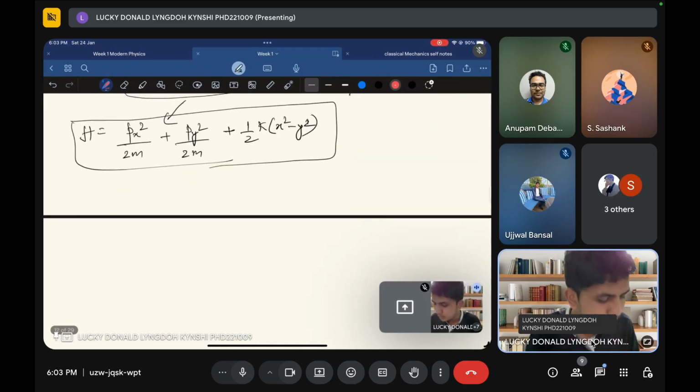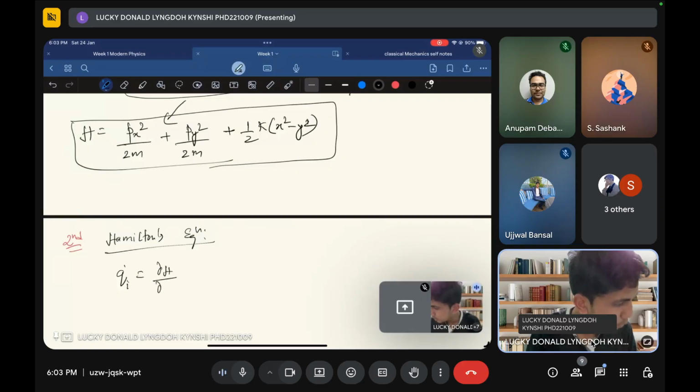Now the second. The second is we have to write the Hamilton's equations. I have given them to you initially: qi dot is equal to del H by del pi, and pi dot is equal to minus del H by del qi.